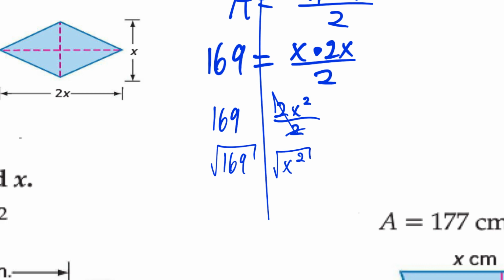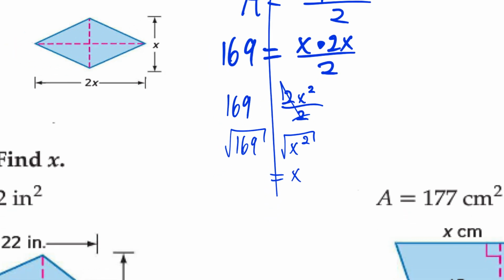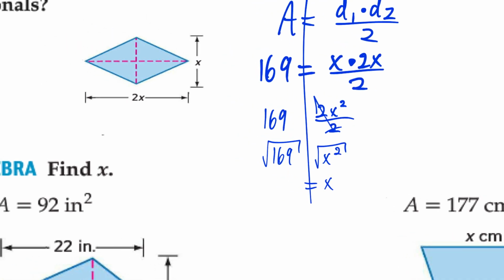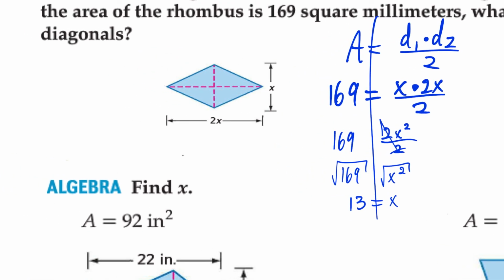We take the square root of it. And what is the square root of 169? It's 13.